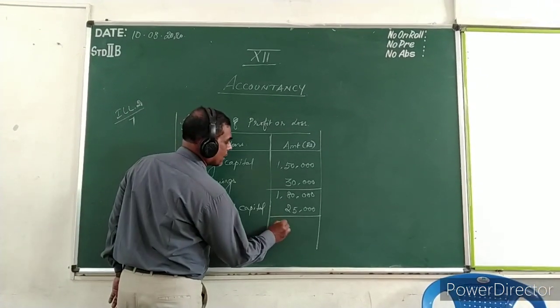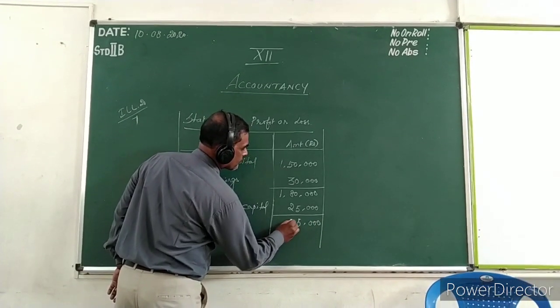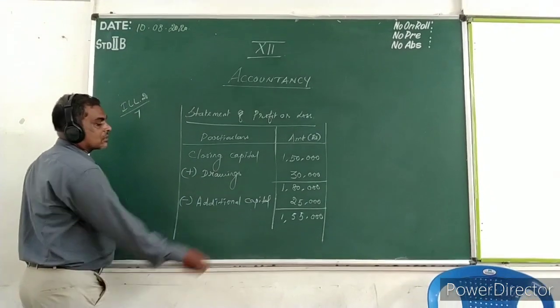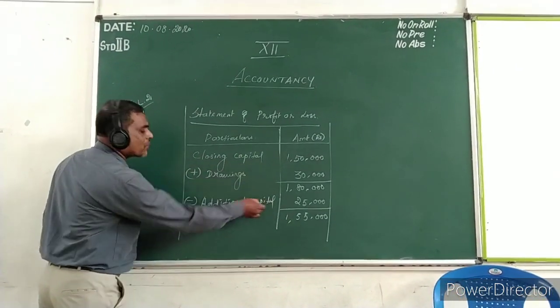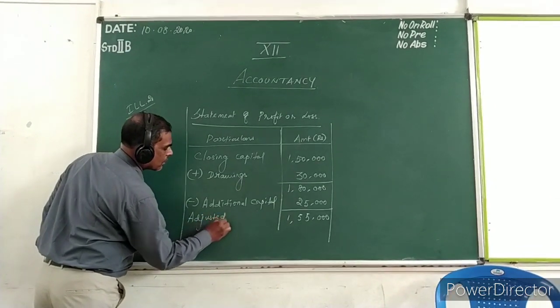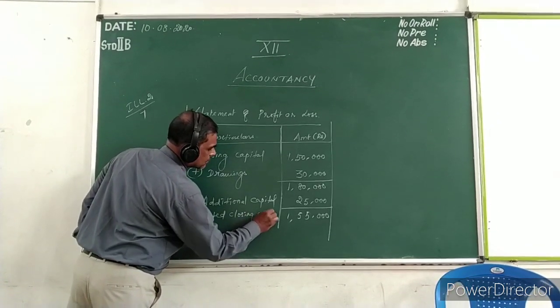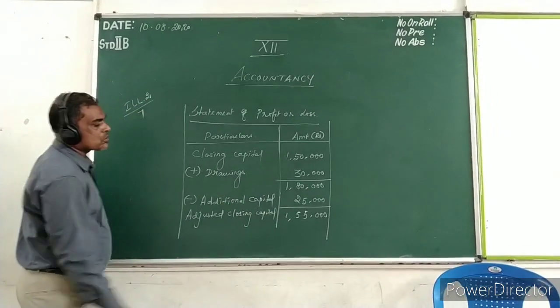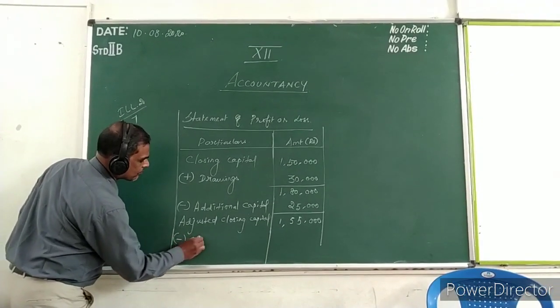We will get 1,55,000. This 1,55,000 is adjusted from closing capital. That is why it is called adjusted closing capital. From adjusted closing capital we have to deduct the opening capital.